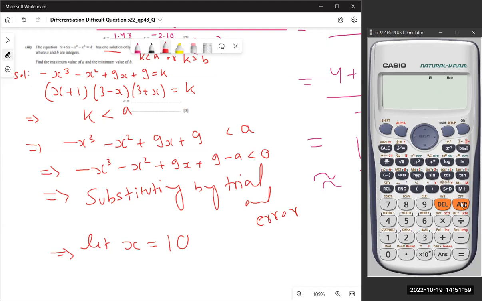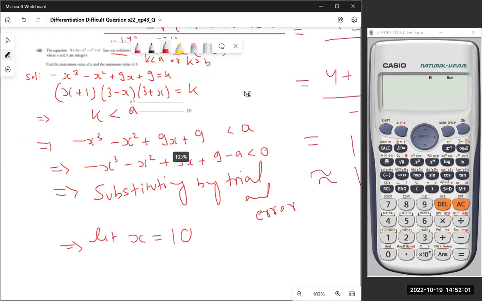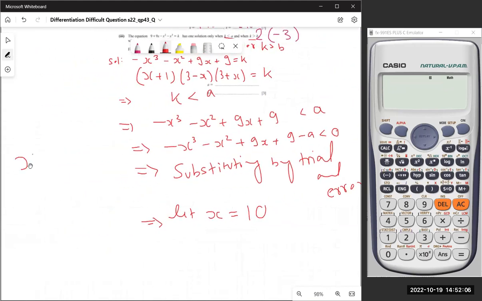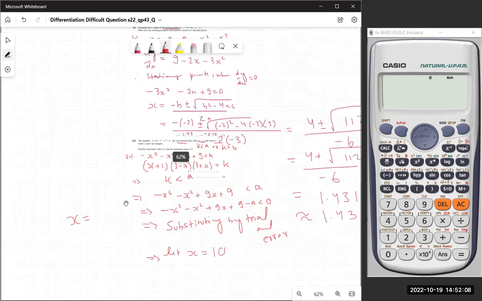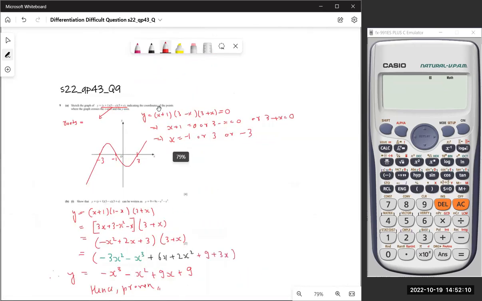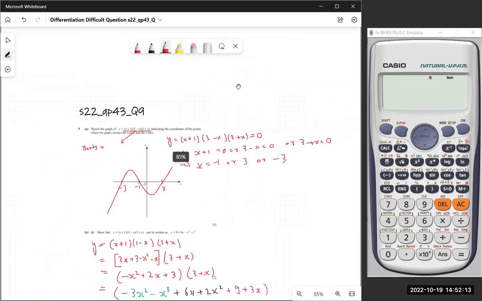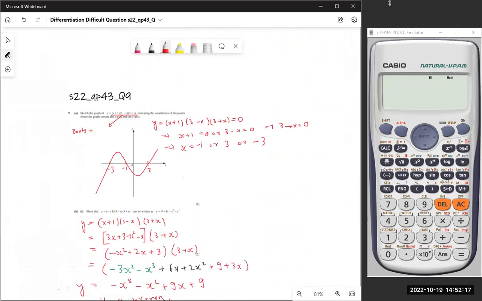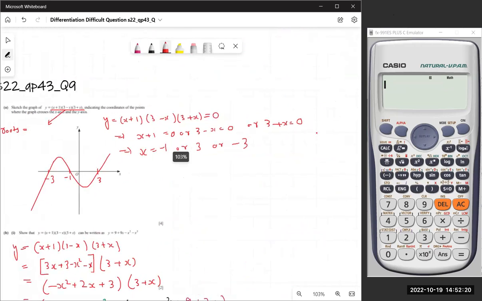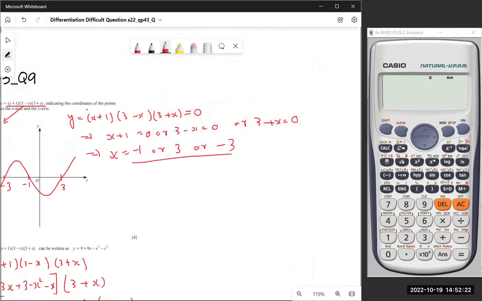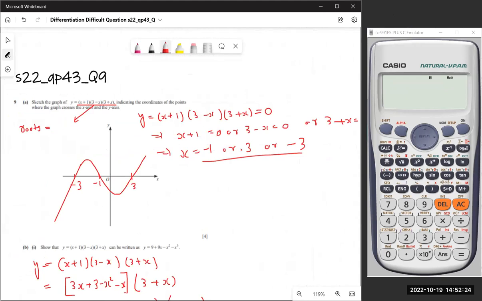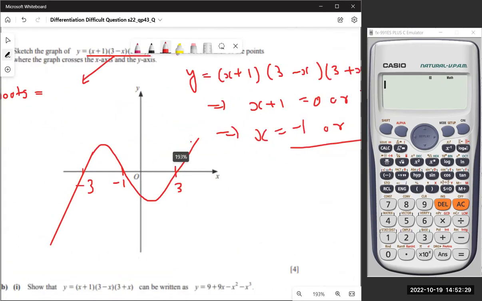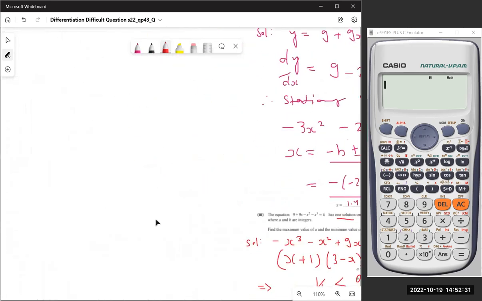Now, since we already know the x values we found, what were they? They were minus 1, 3, or minus 2.097. No, and this is the stationary point. These are the solutions to the graph: minus 1, 3, or minus. That's where it passes through the x-axis, right? Let's go over it.